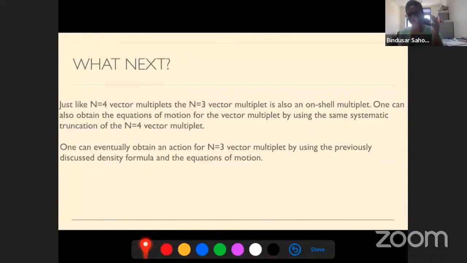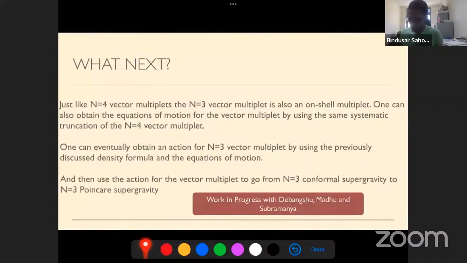So we have to basically use the action constructed from the density formula and the equations of motion to construct the genuine action for n equal to 3 vector multiplet coupled to conformal supergravity. This is actually a work in progress with Devanshu, Madhu, and Subramanya. Then we basically use this action for the vector multiplet to go from n equal to 3 conformal supergravity to Poincare supergravity.